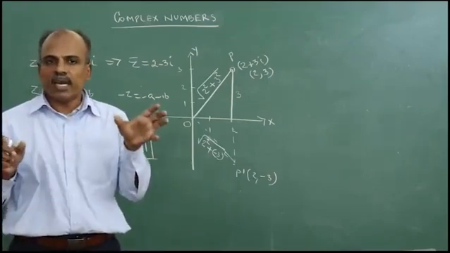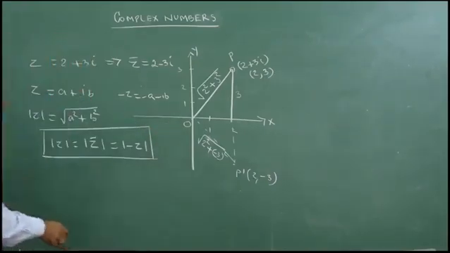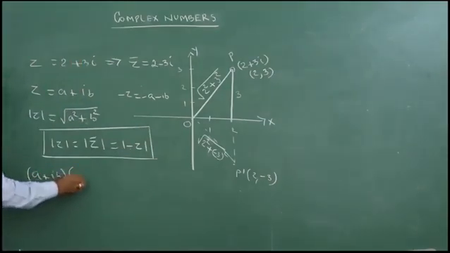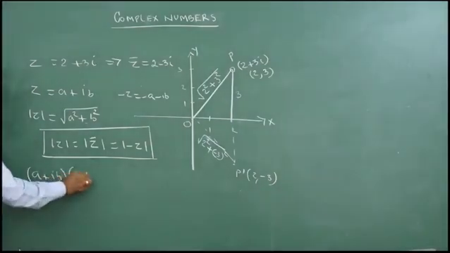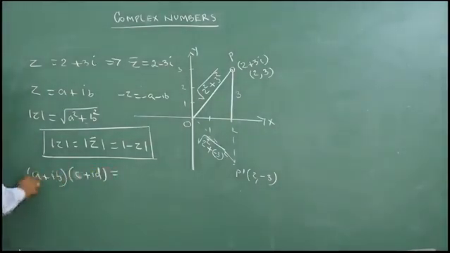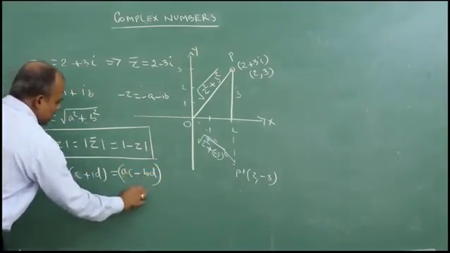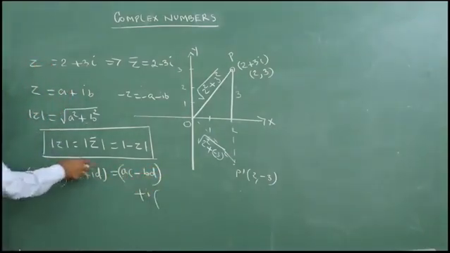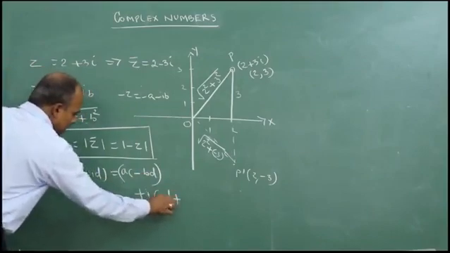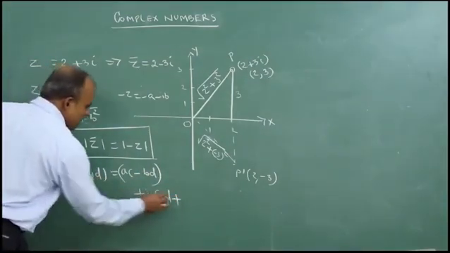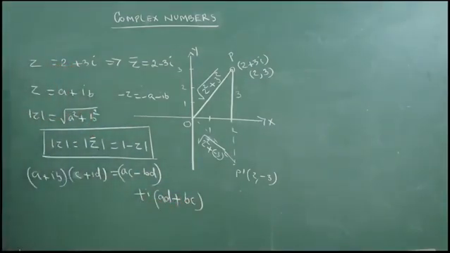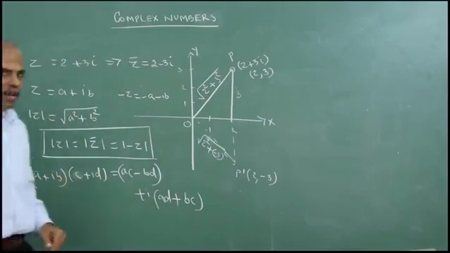Once again I will write a plus ib into c plus id, which gives ac minus bd plus i times (ad plus bc). So this is the multiplication of two complex numbers.